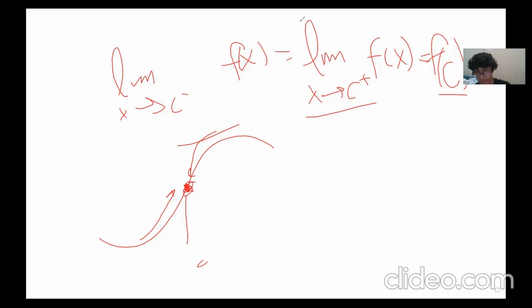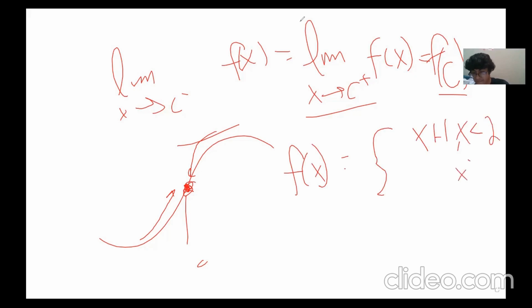I mean, I can make more sense with an example. X is less than 2, and x is greater than or equal to 2 gives 2x plus 1. Right? In this case, okay, we know that the c in question is 2, right?